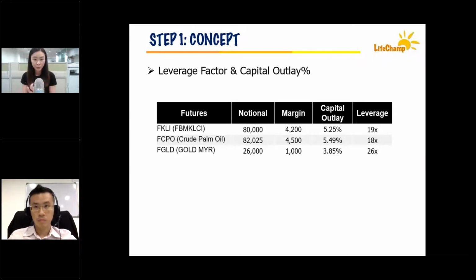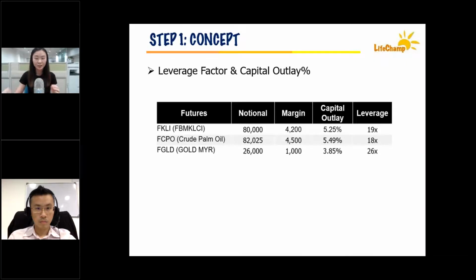The full contract size is valued at 75,000. For the FCPO margin, as you remember just now, it is 4,500. So to hold one futures contract of palm oil, you only need to pay 4,500, and the whole contract is worth 75,000 in value. So you use a small outlay to hold a larger size of the underlying asset.